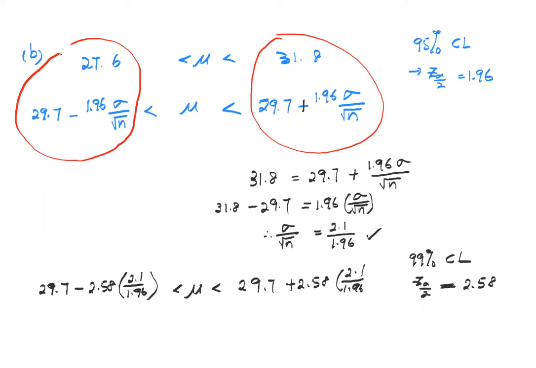That is how we get the answer. You don't have to know the standard deviation. You don't have to know the sample size. You still can do it. Get me?